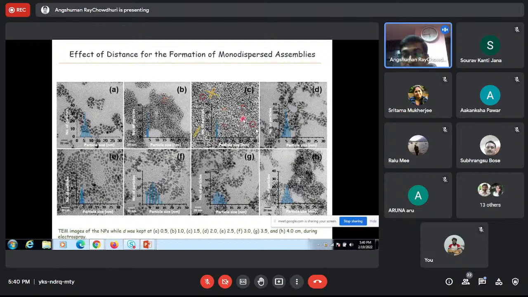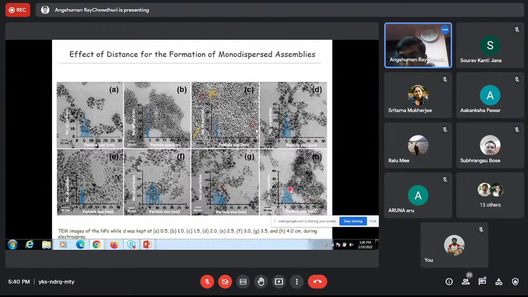When it is 1.5 centimeter, it gets perfect conditions to reorganize the particles and form the superlattice structure. If it is more, then maybe the droplets are evaporating, and then it does not get the perfect environment to form this type of assembly.